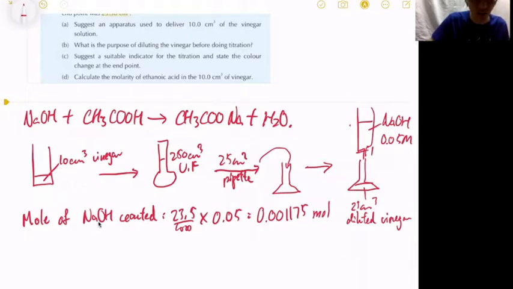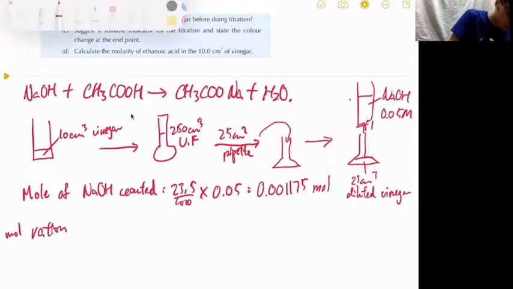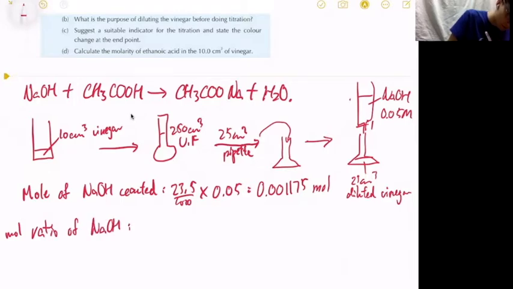Afterwards, based on the chemical equation, we know that the mole ratio of sodium hydroxide and ethanoic acid will be equal to 1 to 1.